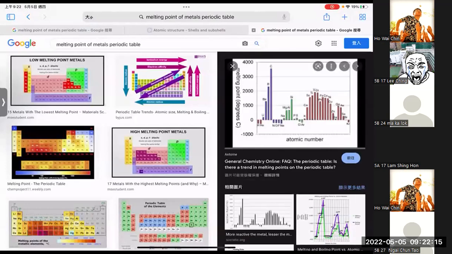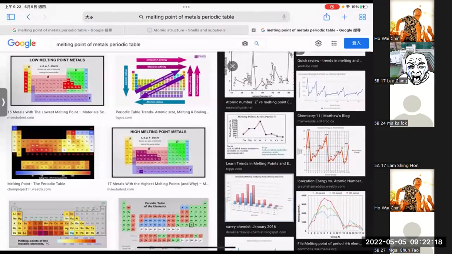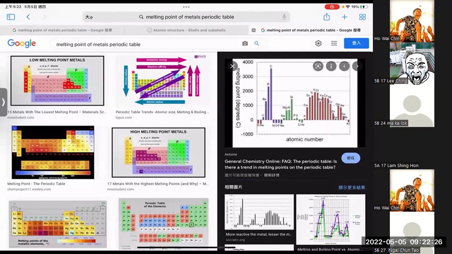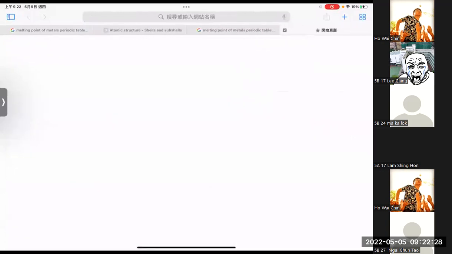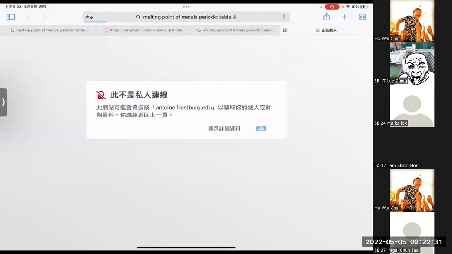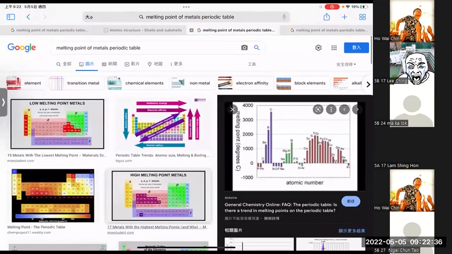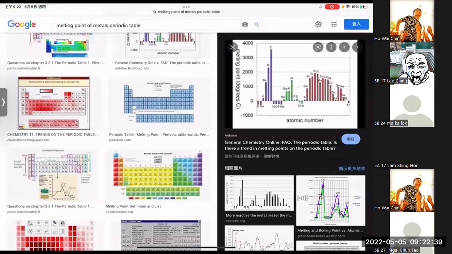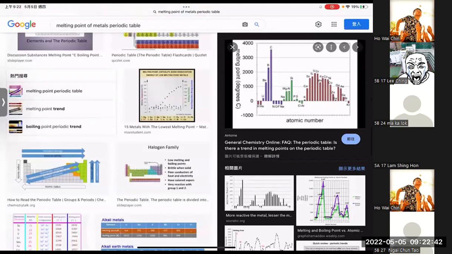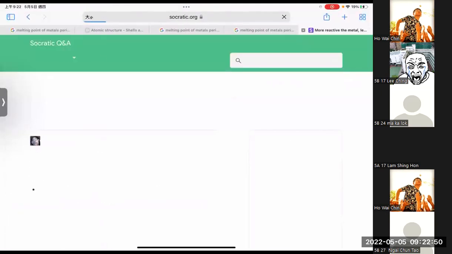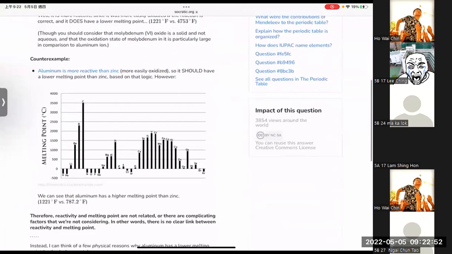Let's try to see if we can really have it. So you may find this one. The one on the diagram will help. Yes, better.